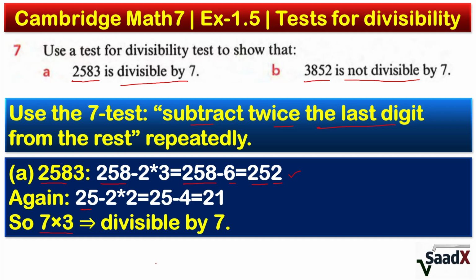Now let's see an example. Suppose we write 77, right? It's very simple. It can be divisible by 7.